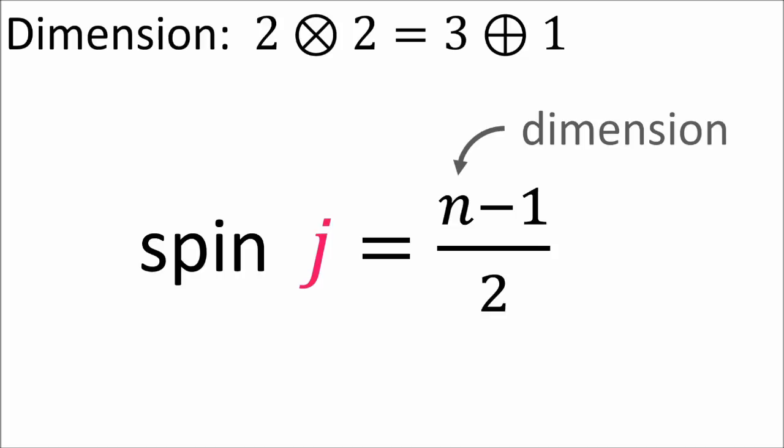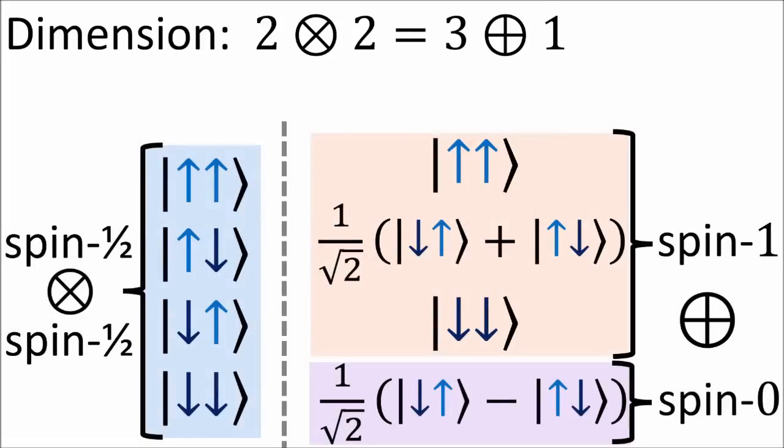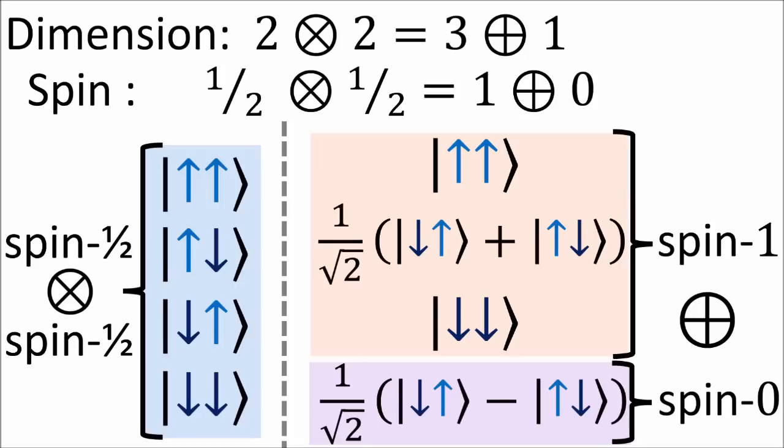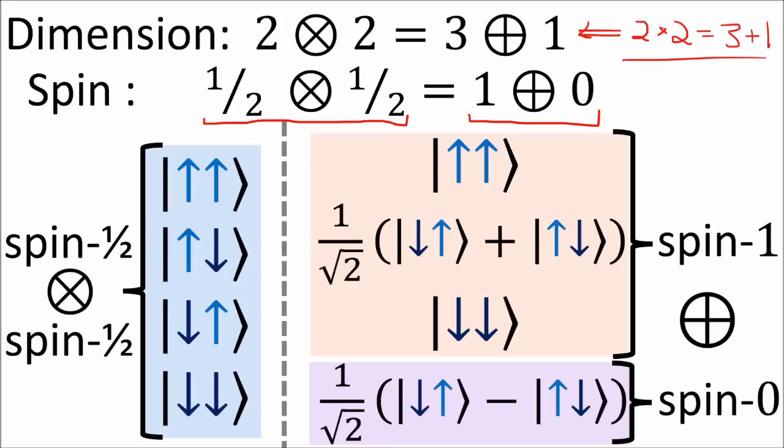So we can also write this equation using spin numbers instead. So the tensor product of a pair of spin 1/2 representations equals the direct sum of a spin 1 representation and a spin 0 representation. However, I prefer the first formula with the dimensions, because if we interpret this as an elementary school math equation, the numbers actually work out.